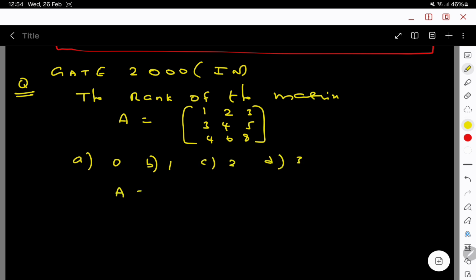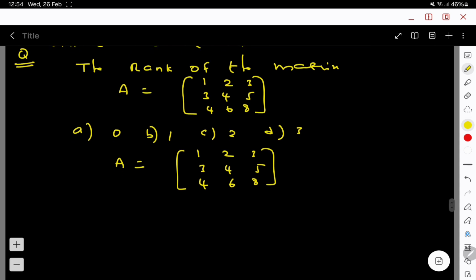Okay, given matrix is 1 2 3, 3 4 5 and 4 6 8. Now, this is not an echelon matrix. We change it into an echelon matrix by elementary row operations.